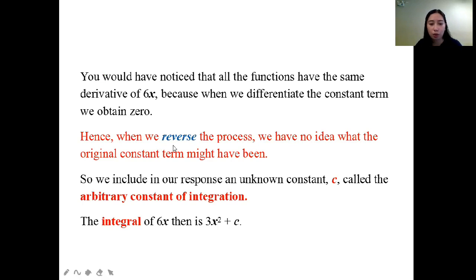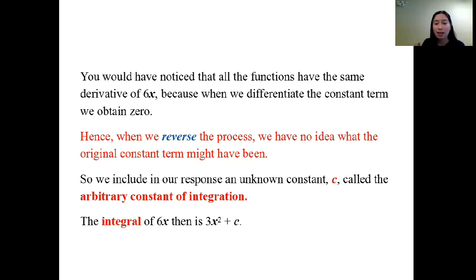So we include in our response an unknown constant C, called the arbitrary constant of integration. Here in integral calculus, we are going to add plus C. For example, the integral of 6x is 3x squared plus C. So we are not going to write any specific number, like 1, 2, 3, 4, 5, 6, 7, and so on.